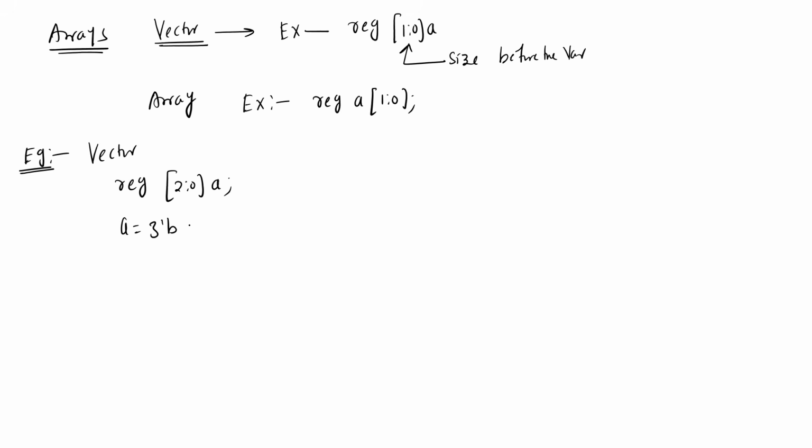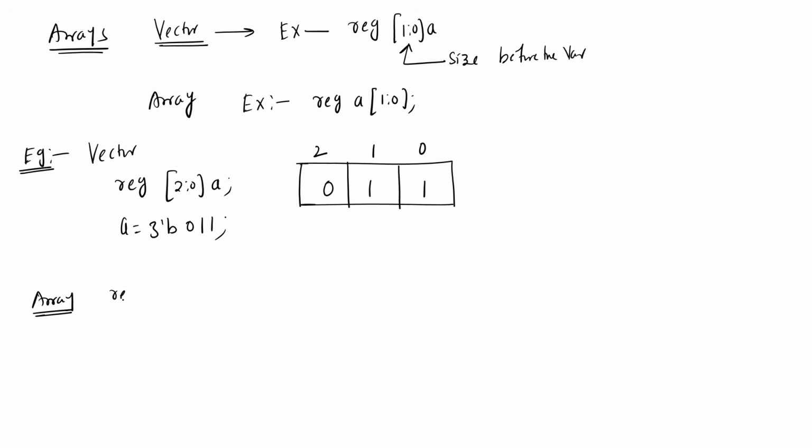How will it store? Horizontally. Three locations will form, 0 1 1, this is index 0, index 1 and index 2. Coming to an array, let us take reg a[2:0].